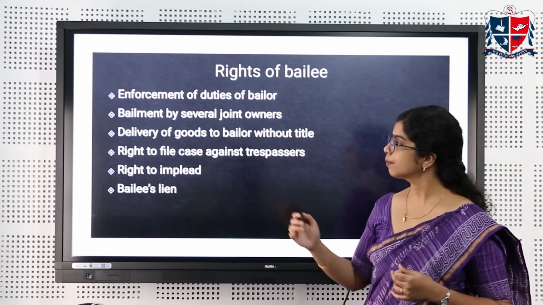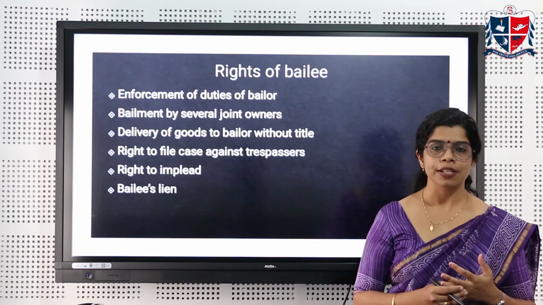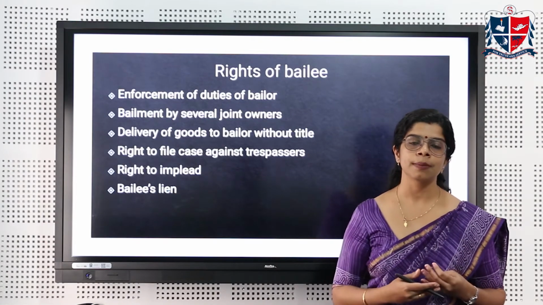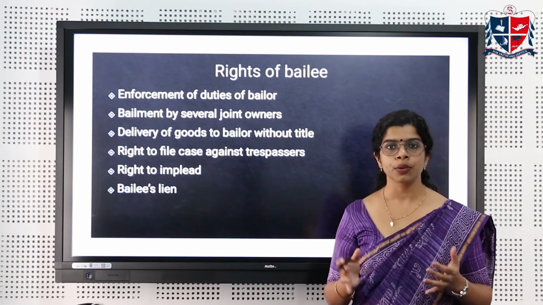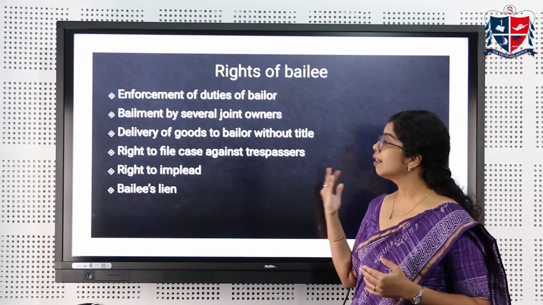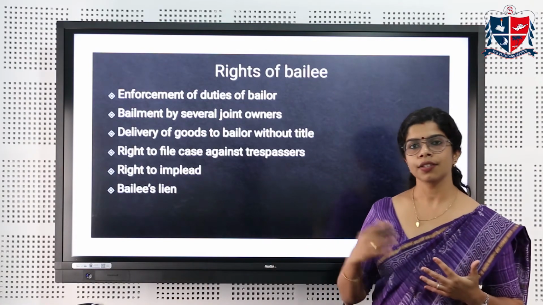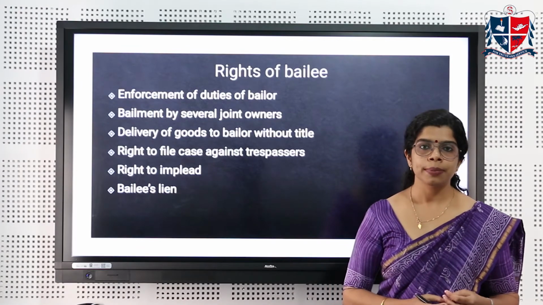The next point is the right to file a case against any trespassers. If there is any trespasser intervening or stopping him from doing the work that he has been assigned to do as per the contract of bailment, the bailee has every right to file a case against the trespasser. The next right would be the bailee's right to implead.